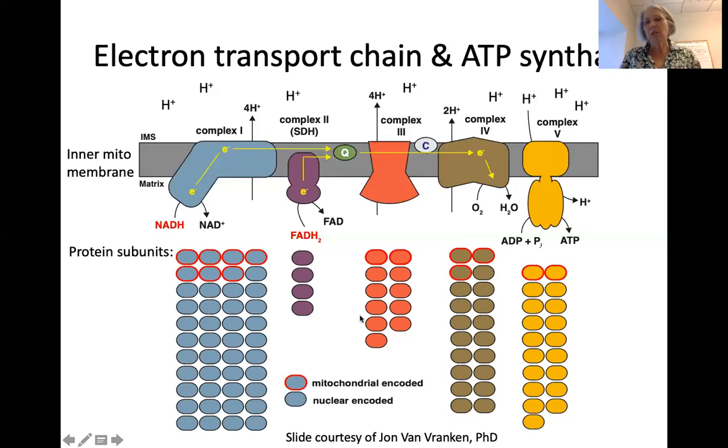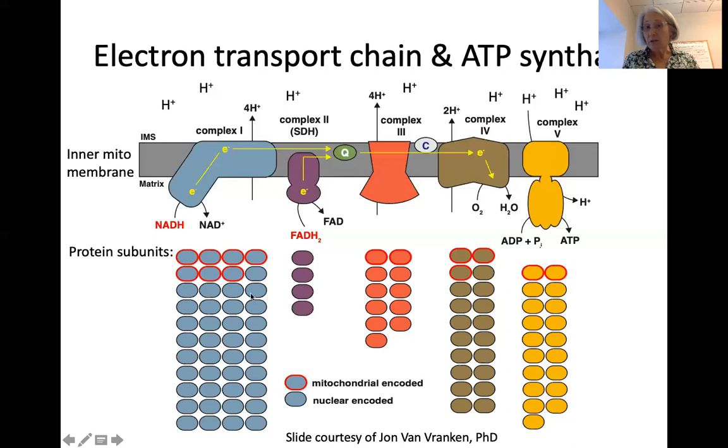And the reason I'm showing you this is that there are people who inherit mutations in the mitochondrial genome. Every gene on the mitochondrial genome that encodes a protein encodes a protein in the electron transport chain, or ATP synthase, so in the respiratory chain, right?